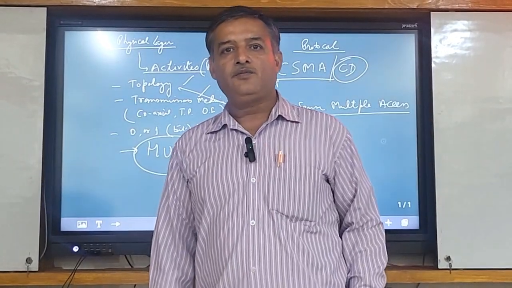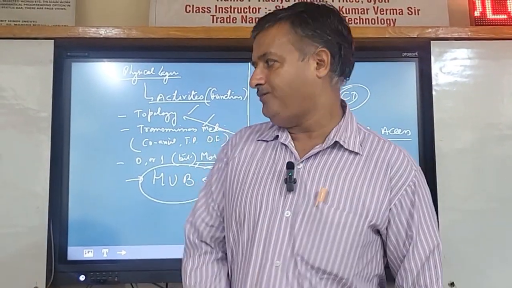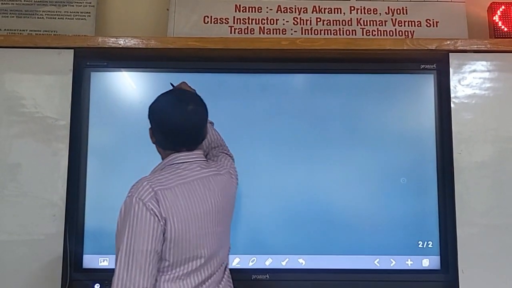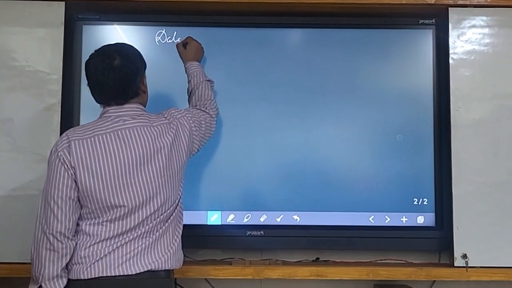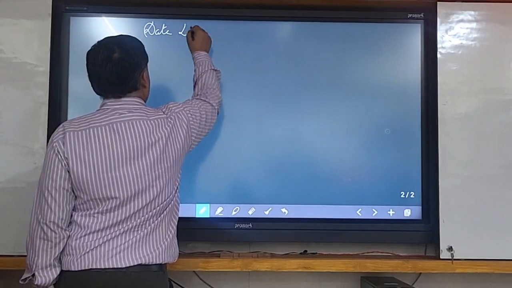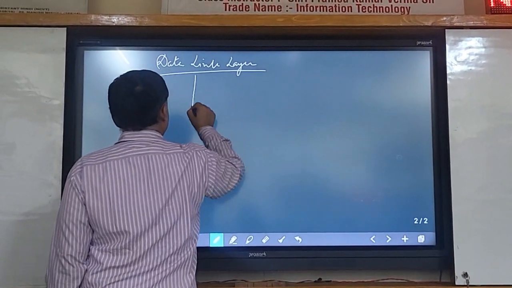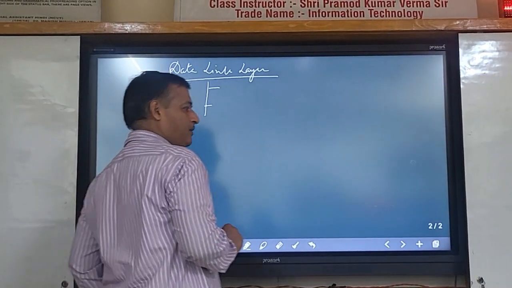Now we come to the data link layer. Basically, this layer also has two sublayers.